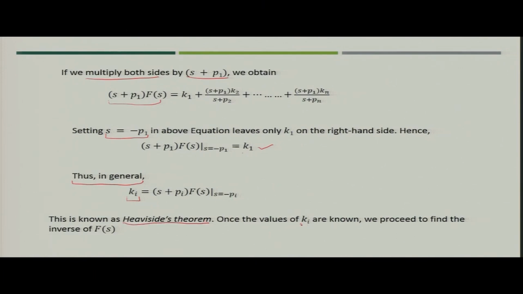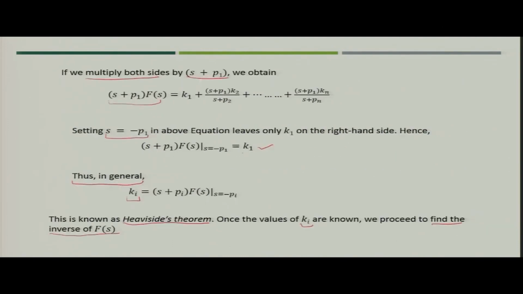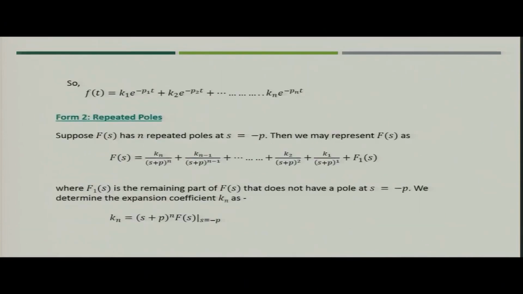Once the values of the ki are known, we can easily find the inverse Laplace transform of F(s), because we now know that it is decomposed into this form. This is nothing but the Laplace transform of k1 e to the power minus p1 t.